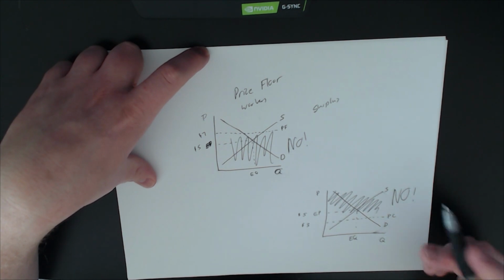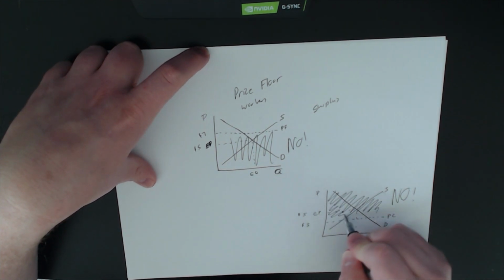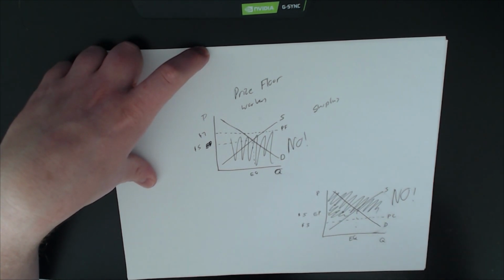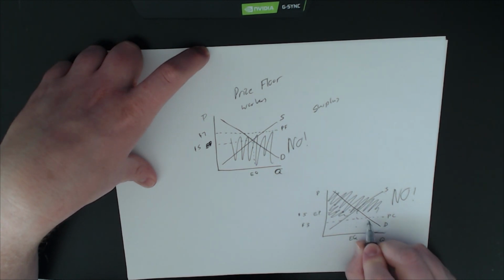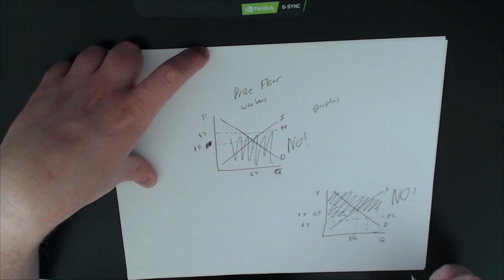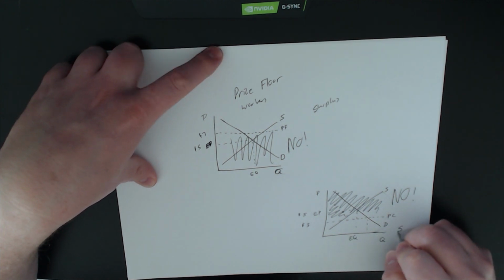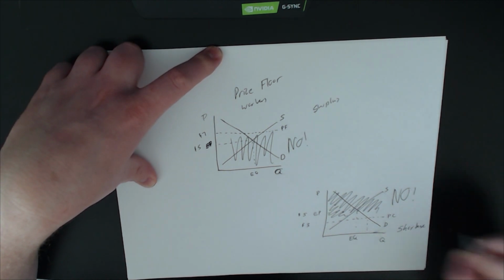But the government steps in and says, no, you as a business are not allowed to charge more than $3. So now I have the opposite. My demand is now higher than my supply. So because my demand is now higher than my supply, I have a shortage.